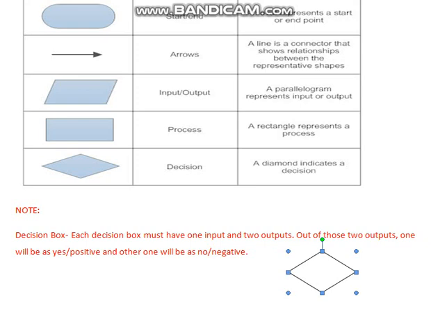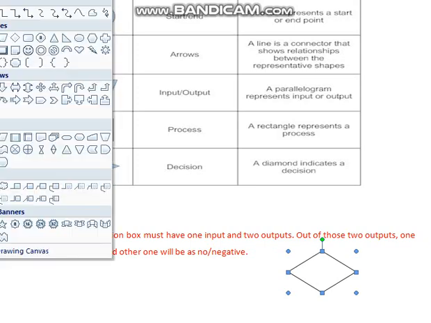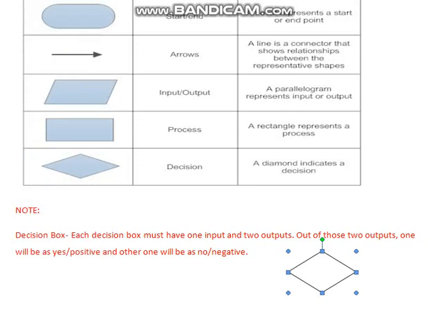There will be one arrow which moves inside the decision box, and there will be two arrows which come out from the decision box, which is very much mandatory. I wrote it as must, so it is mandatory.